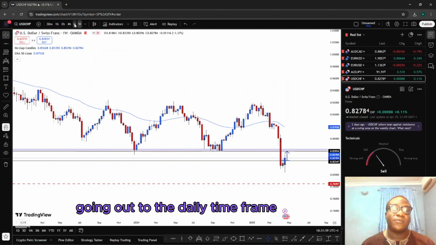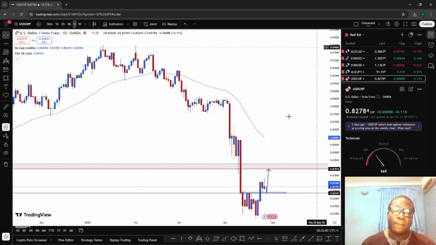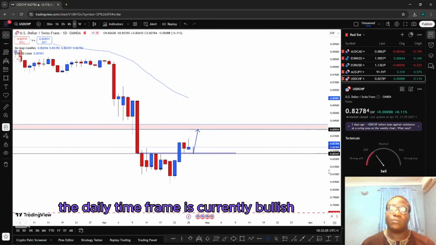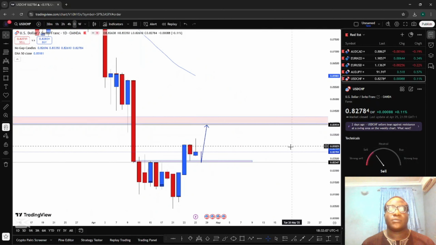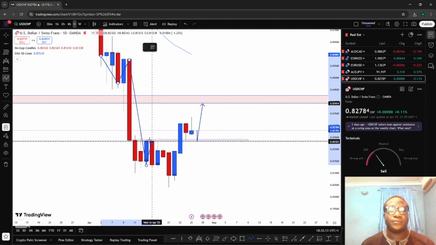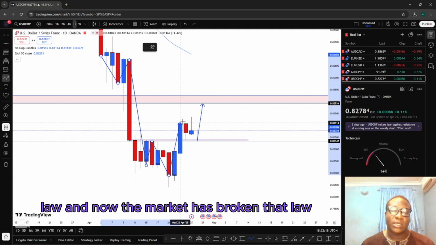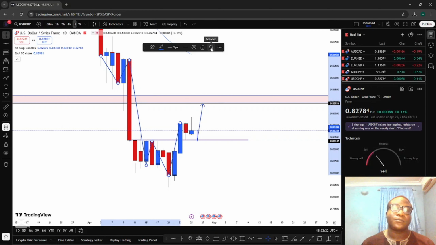Going out to the daily time frame, you can see that the daily time frame is currently bullish. As you can see, the market came down like this, creating a new low, and now the market has broken that low.